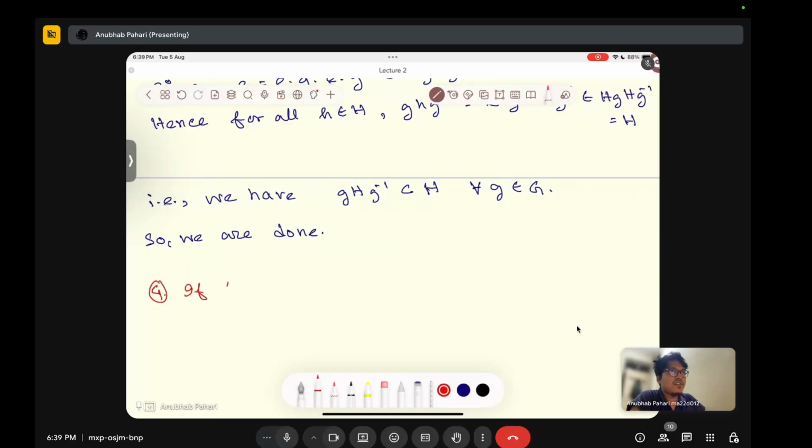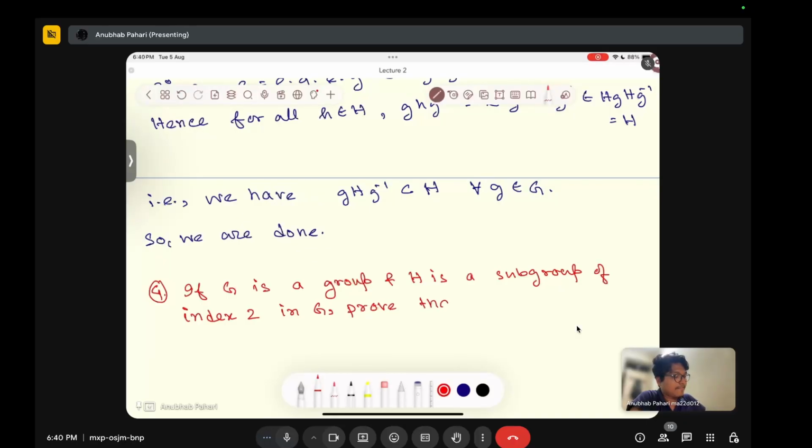If G is a group and H is a subgroup of index 2 in G, prove that H is a normal subgroup in G. Okay, try this and I'll look into the previous problem.